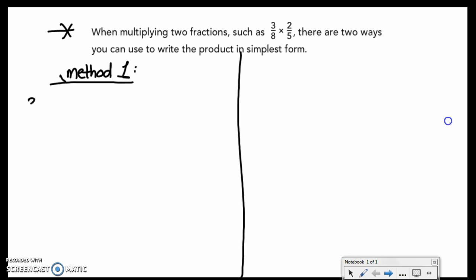We have the fraction 3 over 8 times 2/5. For method number 1, the first thing we're going to do is simplify before you multiply. And yes, I intentionally made that rhyme.